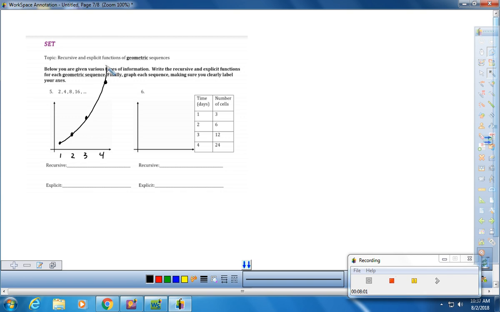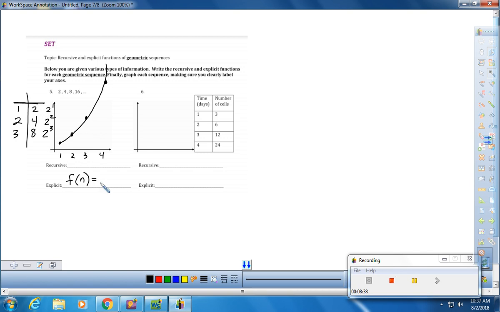Alright, so I think I still need to make a table here. And the first term is a 2, and the second term is a 4, and the third term is an 8. Well, that's 2 to the first, and this is 2 squared, and this is 2 cubed. Okay? So the explicit formula would be f of n.